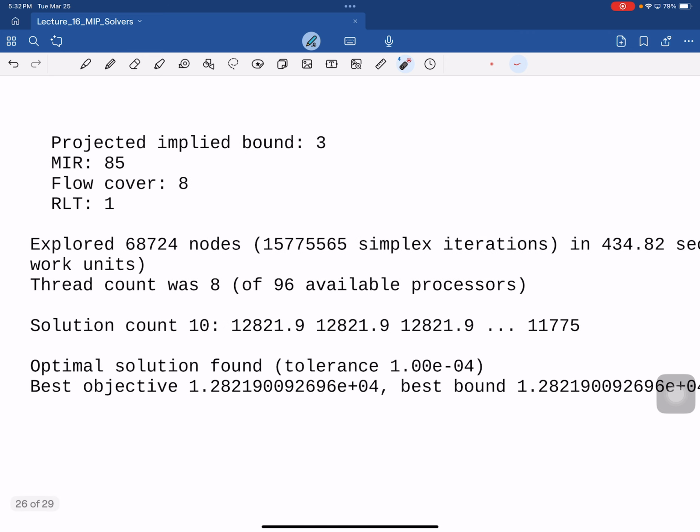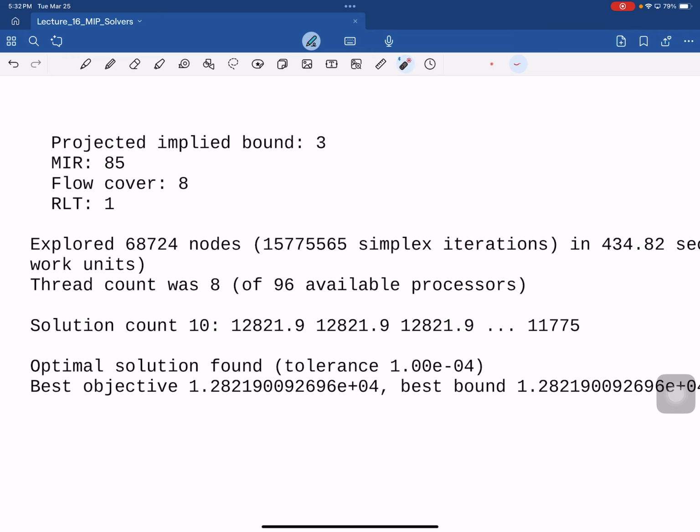Okay, and in total it will tell you the total number of nodes, the total number of simplex iterations, and give you the best objective and the best bound. So that's roughly the way to read the log file.